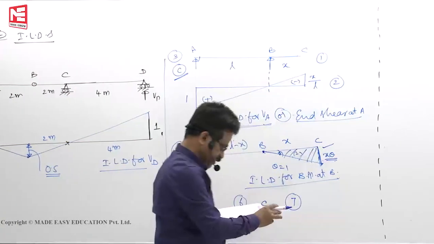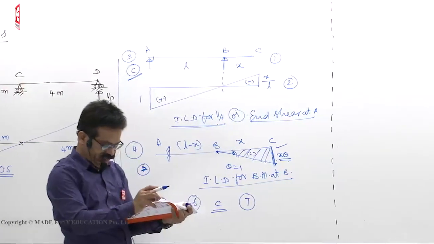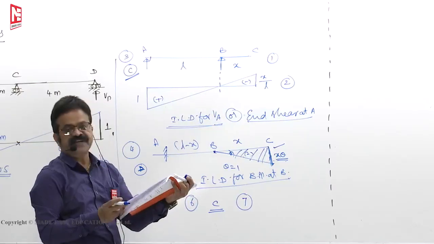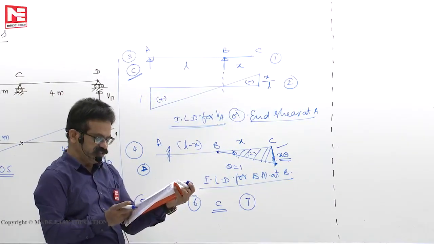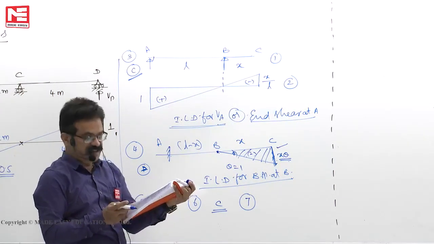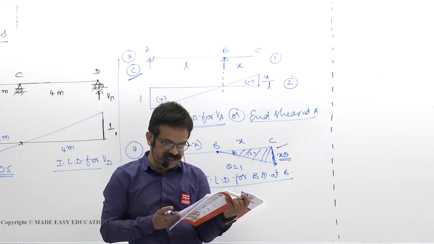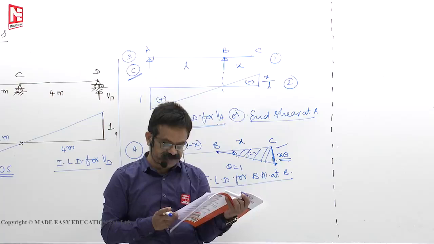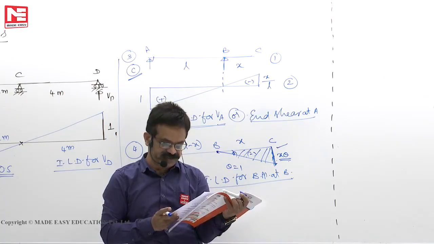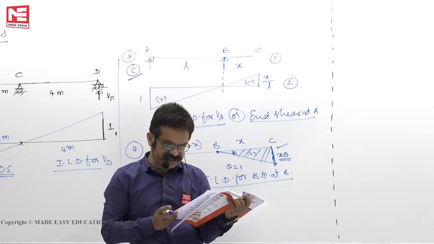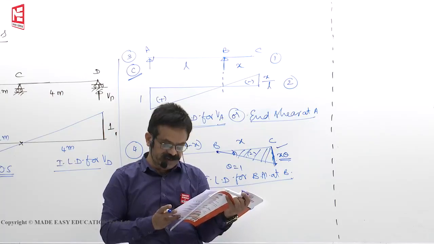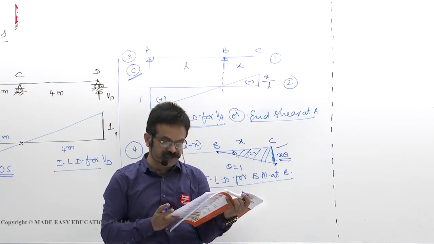Sixth is C. Seventh: an influence line for a function. See here he has given directly. Function means shear force, reaction, deflection. Deflection also is a function. In a structure, it is a curve which shows its variation at a particular section of the structure for various positions of a moving unit load.